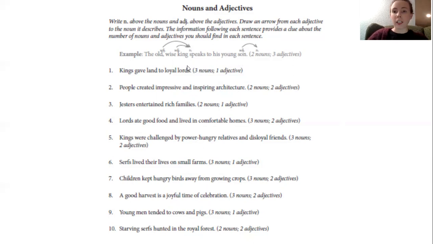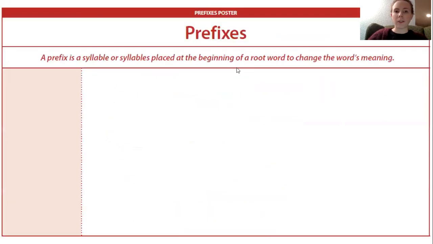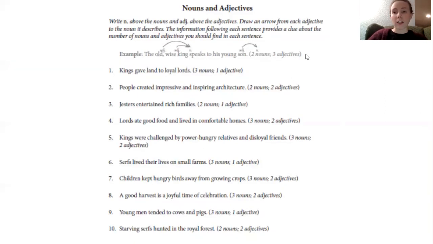And then the adjectives describing the king are old and wise. The adjective describing the son is young. So there we found our 3 adjectives and our 2 nouns. And sentence number 1 we can do together. You can just add this right below your anchor chart to remind you of these things.